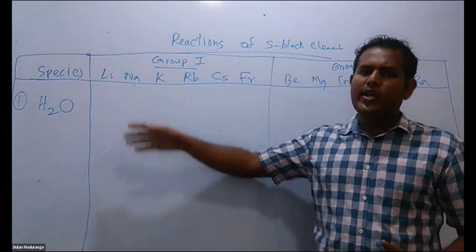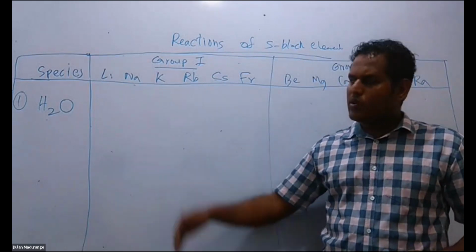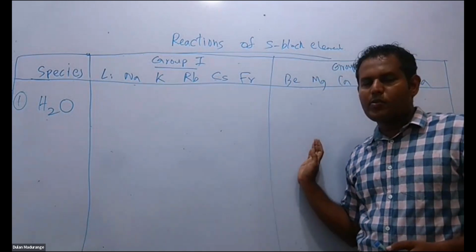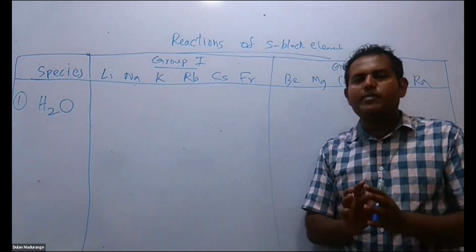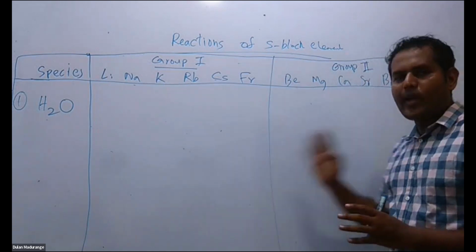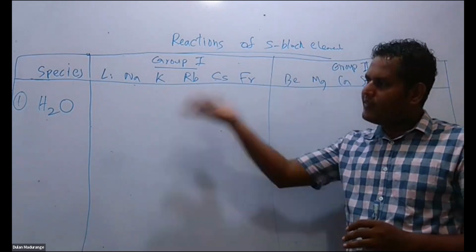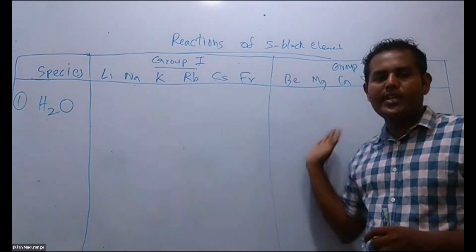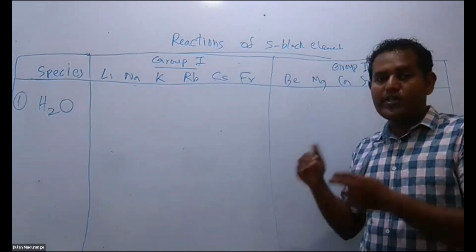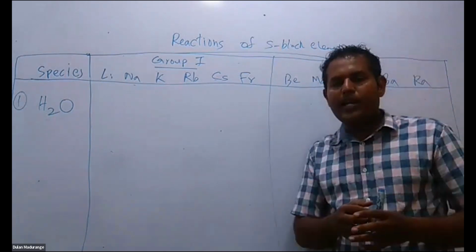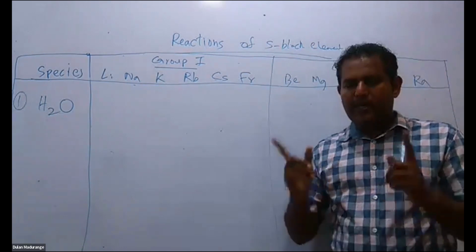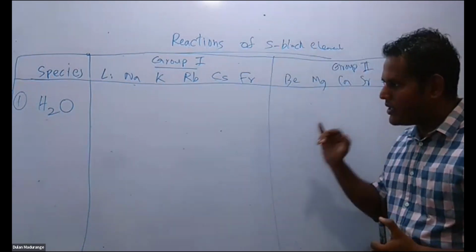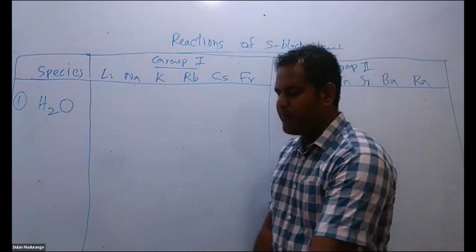But in my comparison I'm getting group 1 and group 2 together in one sheet and giving the reasons, giving the reaction with water, how it changes, and what are the trends we have to study. Because in the question they won't ask group 1 separately and group 2 separately, they will combine two elements and ask questions from this species. That's why we are making a note like this.